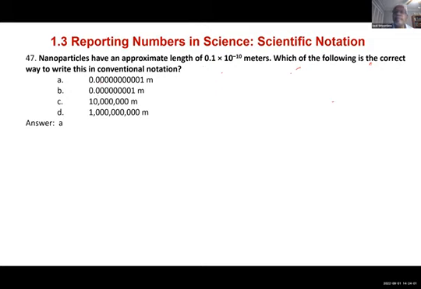Conventional notation. How many decimal places do you have to move here? Decimal place here, 1. 10 places. 5, 5, 10. That's the way to go.